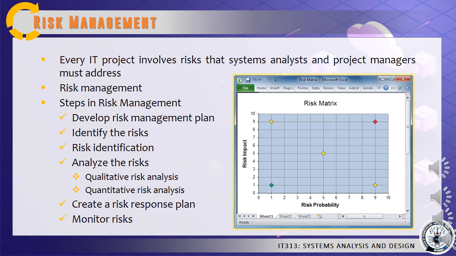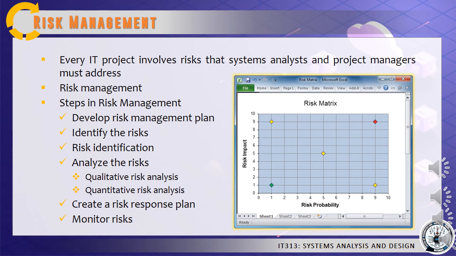Next is to create a risk response plan, which is a proactive effort to anticipate a risk and describe an action plan to deal with it. An effective risk response plan can reduce the overall impact by triggering timely and appropriate action.